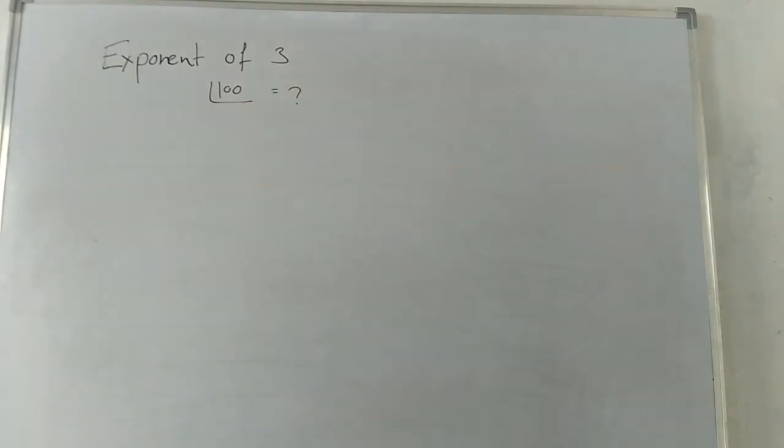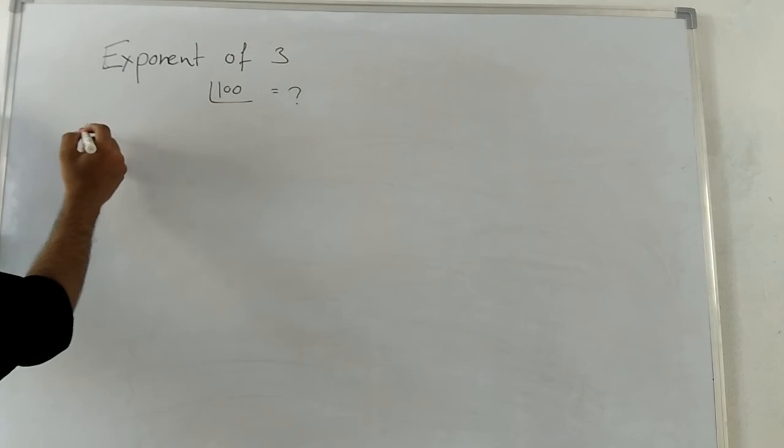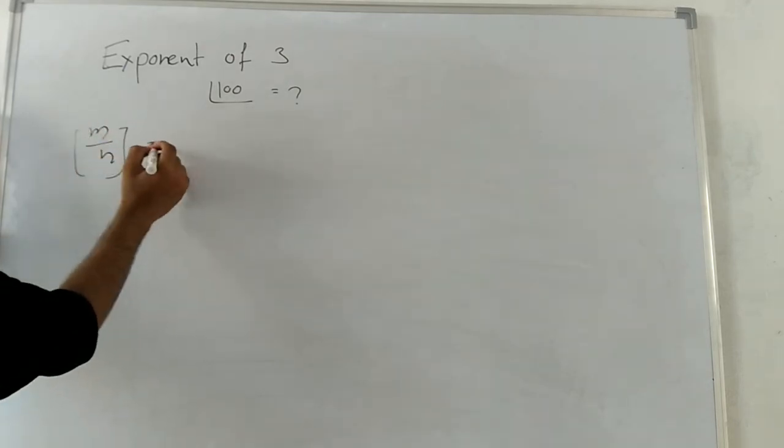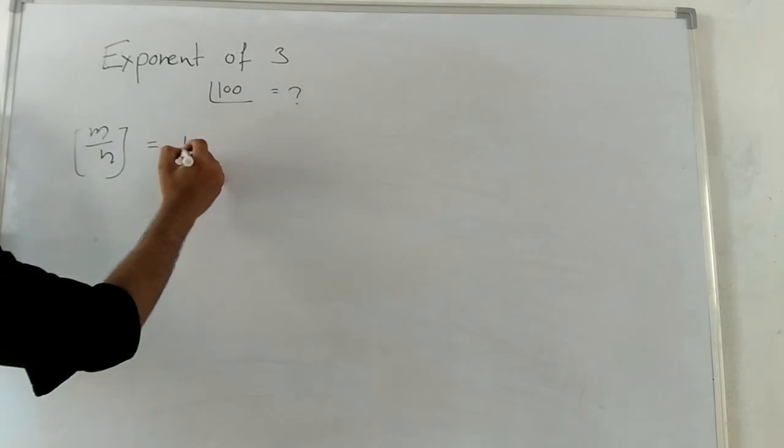First of all we should know about the greatest integer function. The greatest integer function of m by n gives us an integral value.